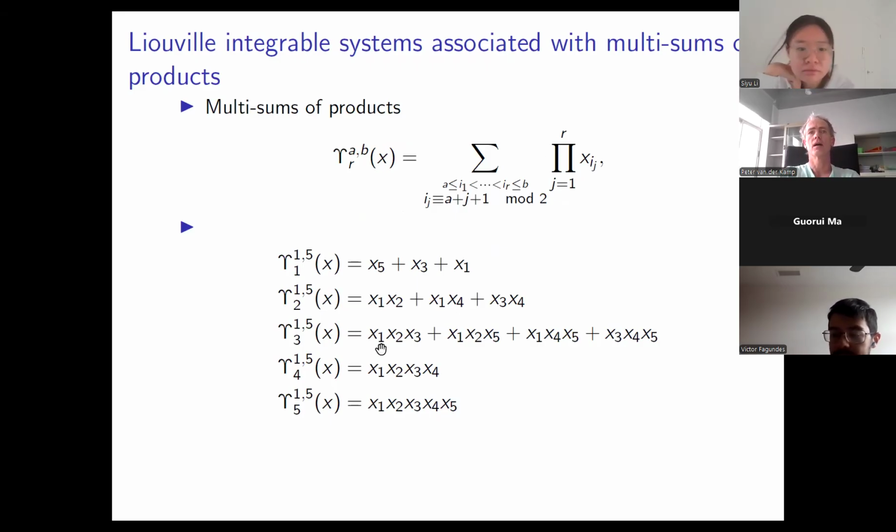If you look at how the terms develop, every function is homogeneous in the x's. And if you look at the indices, then they are written alternatively, starting with an odd one, then an even one, and then an odd one.